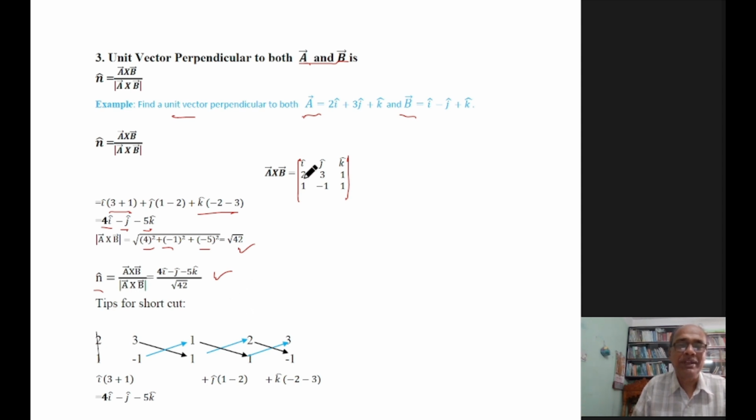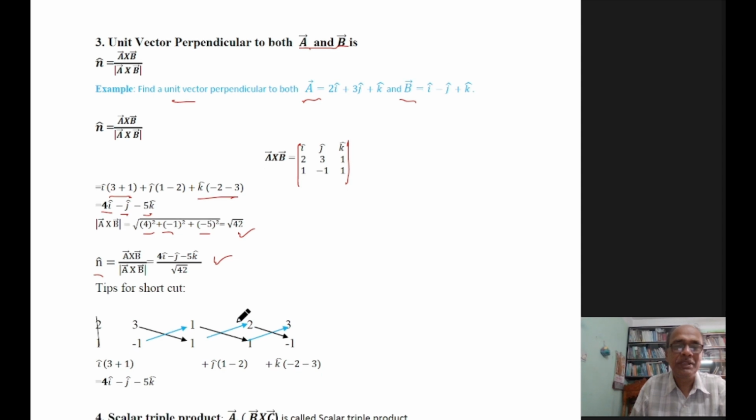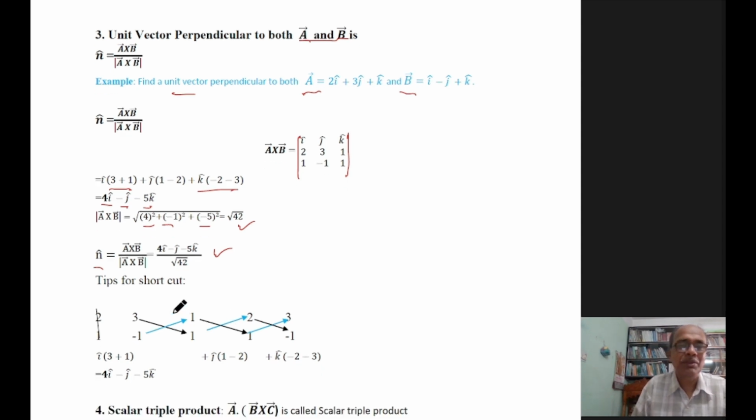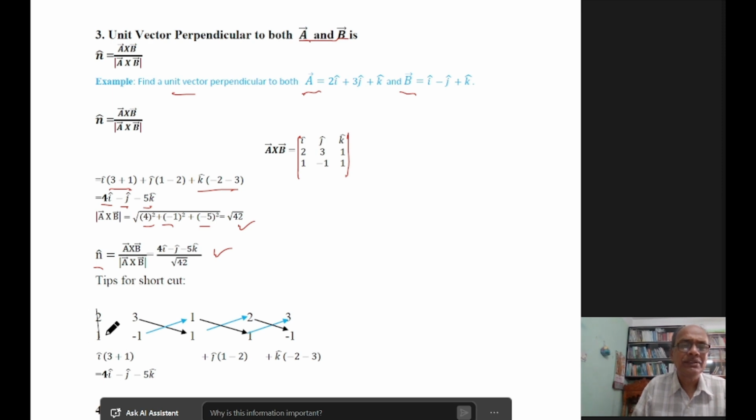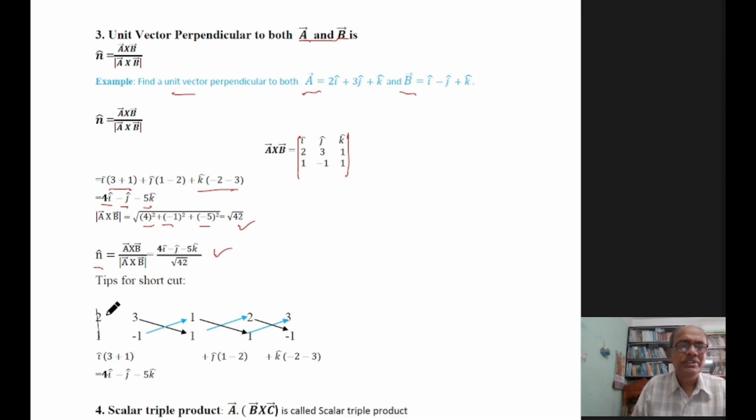Now I am giving one tip to calculate this value easily, which is essential for calculation in the entrance exam. Here you see how we are getting it. We just write 2 1 3 minus 1, enter this one 1 1, then again repeat this, column 2, 1 3 minus 1, cut this one, not necessary.